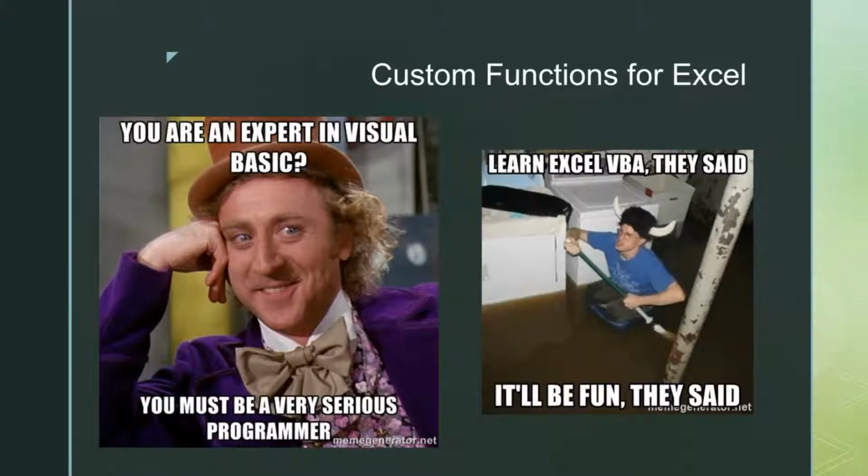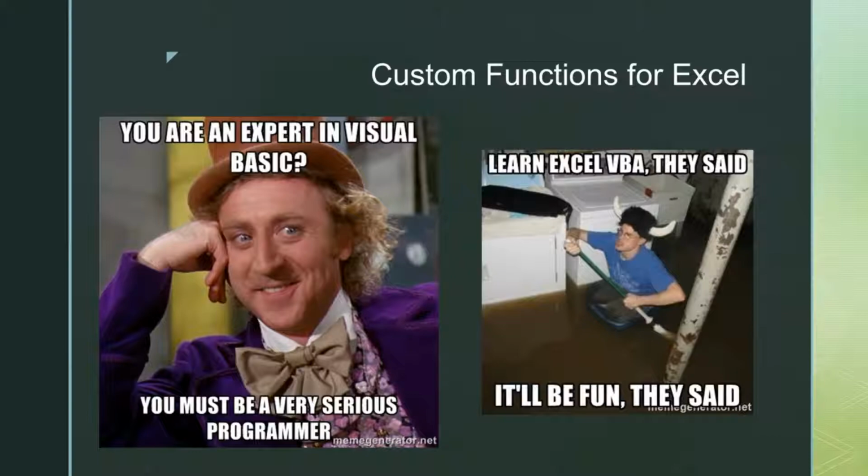When we talk about custom functions in Excel, this is nothing new. We have had custom functions in Excel since forever, and usually they used VBA back then. And the problem with VBA is, well, it is VBA. On the other hand, it is also just running on Windows, and there are a lot of security issues with running VBA macros.